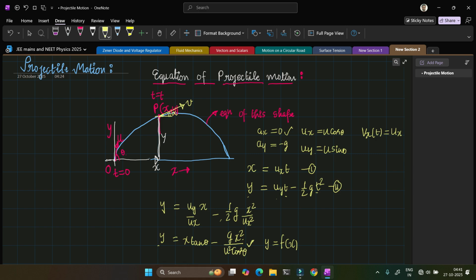That's why the path of the projectile is a parabolic path.